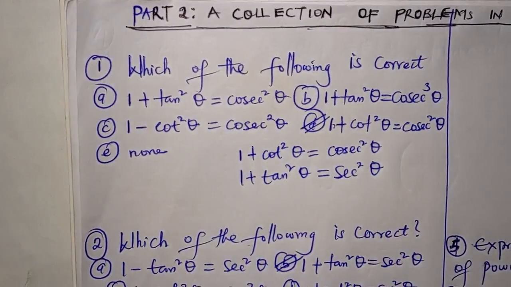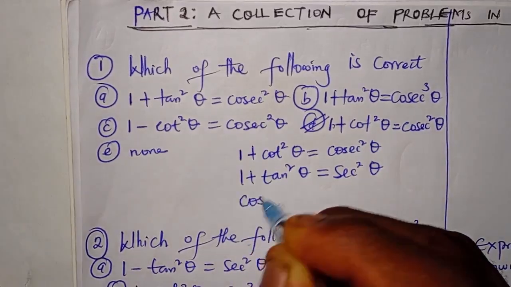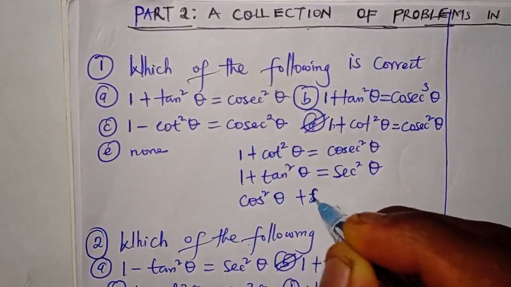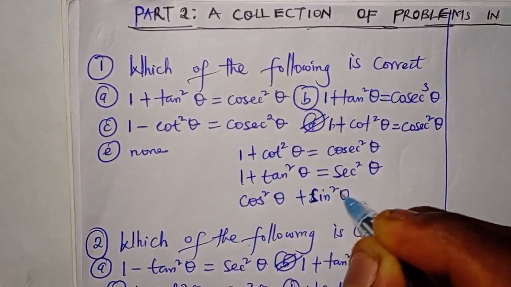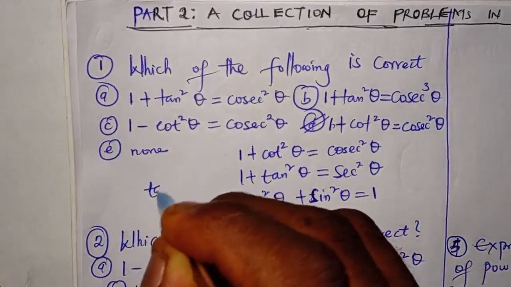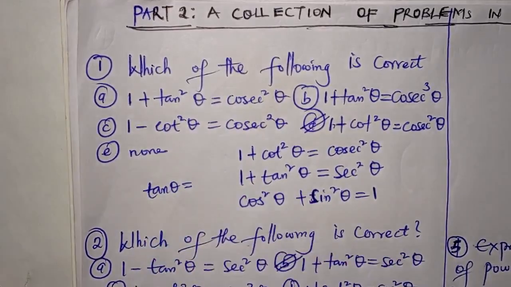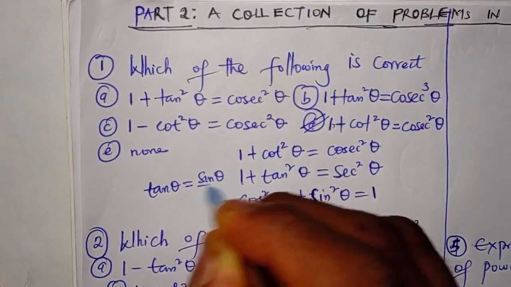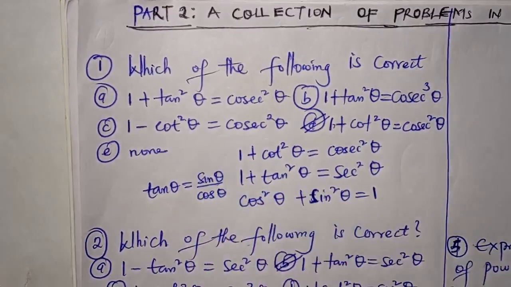And another one we should also know is that cos squared theta plus sine squared theta is equal to 1. Add this to it: tan theta is equal to sine theta over cos theta.